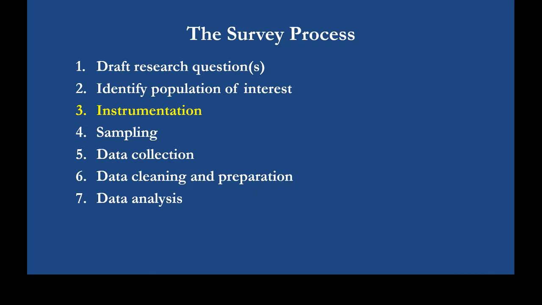And this is one of those things where, there are a few instances where I'll mention this, but putting more work in at the front end is going to save you an awful lot at the back end. And ultimately, it's about doing all of these things to make sure that you get good data and to make sure that your data can answer the research question that you've asked.